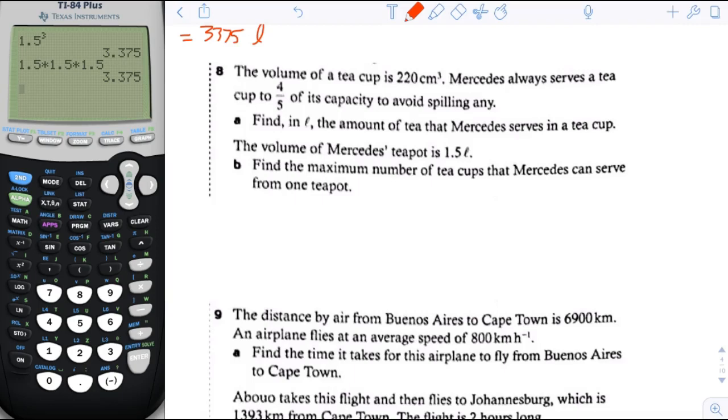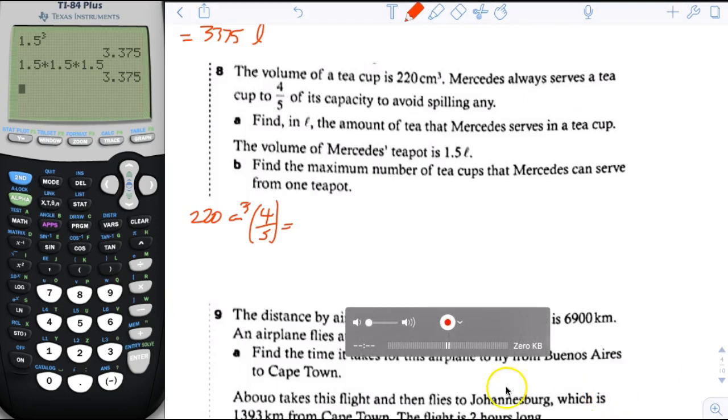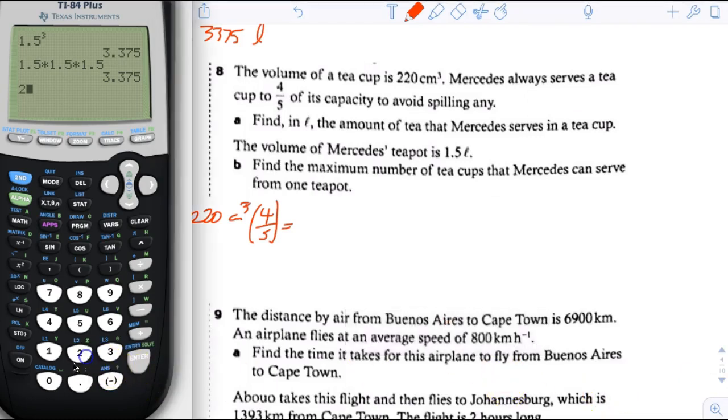So instead of 220 centimeters cubed, let's find out what 4/5 of that is, okay? So 4/5 of 220 centimeters cubed is 220 times 4 divided by 5, which is 176.